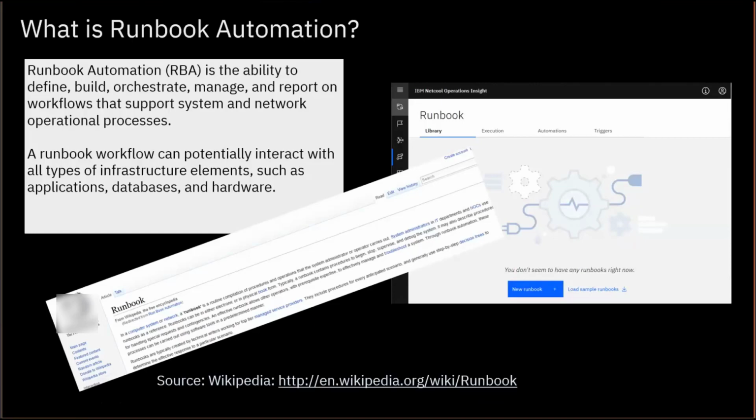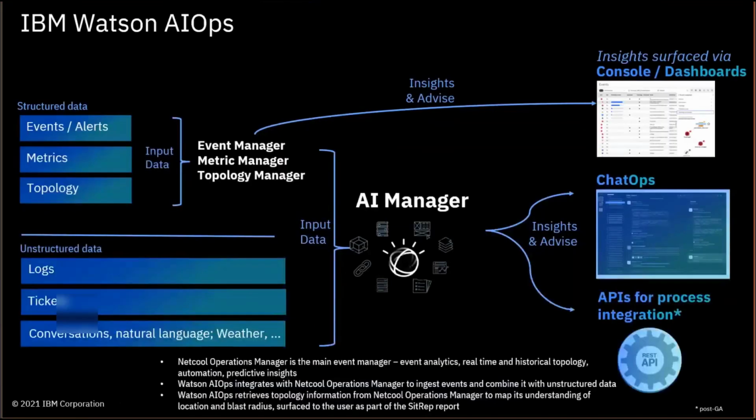And Runbook Automation is a piece of the Watson AIOps portfolio. The Watson AIOps portfolio is made out of several components. So we have the core AI engine, which is called AI Manager, that collects inputs from various sources.